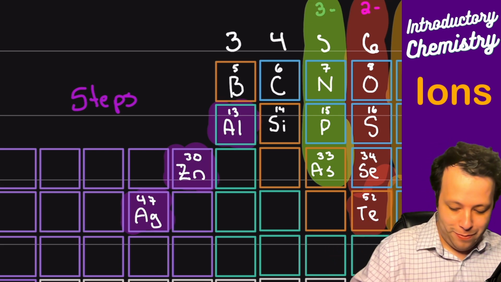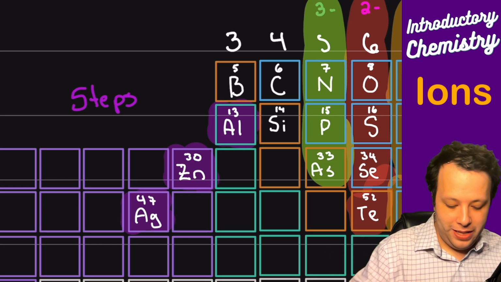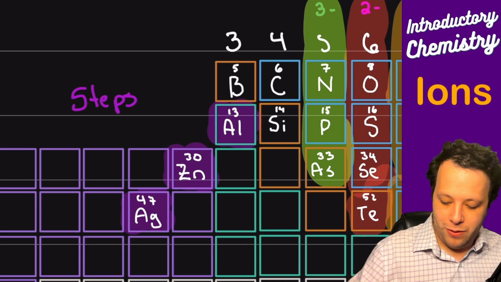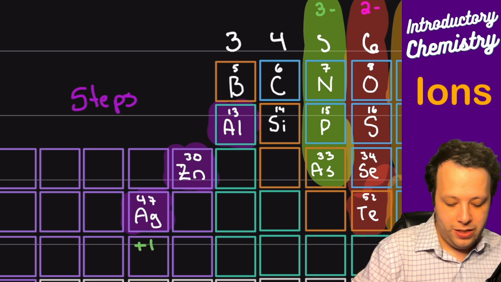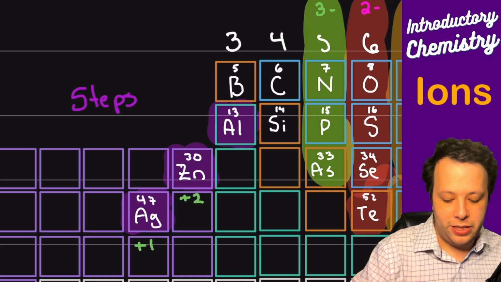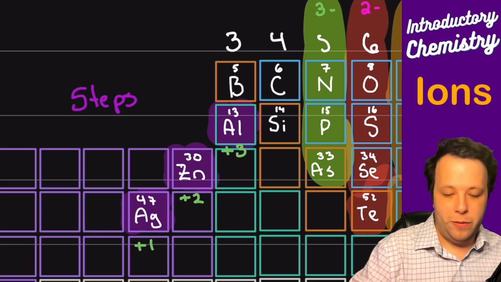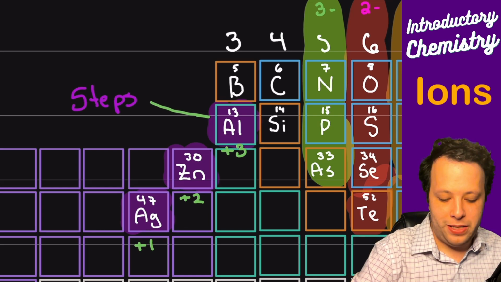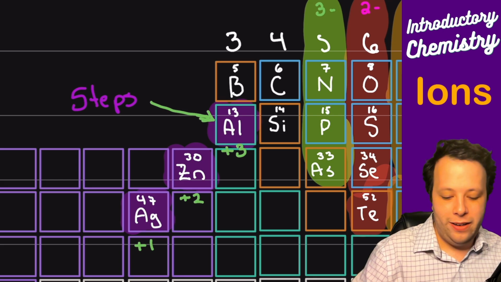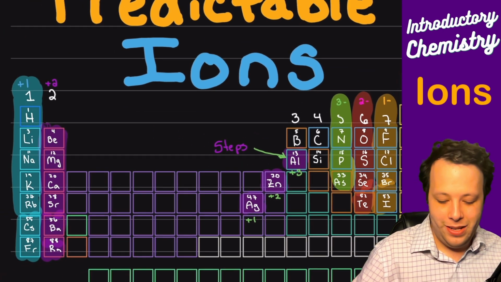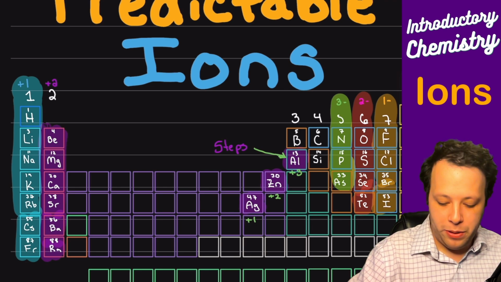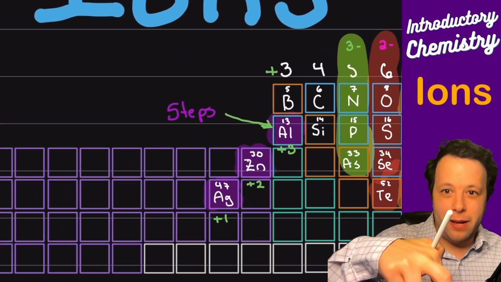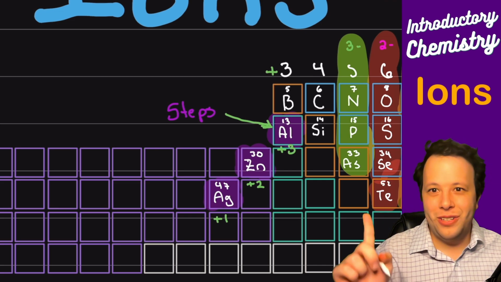The first step is silver, so we put a +1 charge. Zinc will be the second one, which is +2. Aluminum will be the third step. I always start the steps at aluminum, being that it's on that third column there, so it helps you remember where the +3 generally starts. And then you're just walking down the steps as you go. So it goes 3, 2, 1.